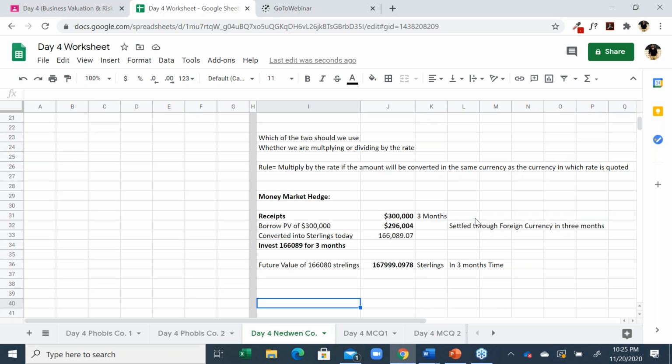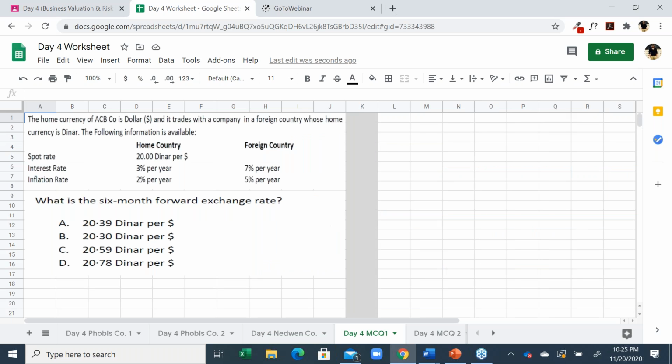Now, I'm just displaying a question for all of you, and I want you to solve this question. I'm giving you 10 minutes to solve this question. And at the end, I will also show you a shortcut of money market hedge, which you can use in your exams as well.